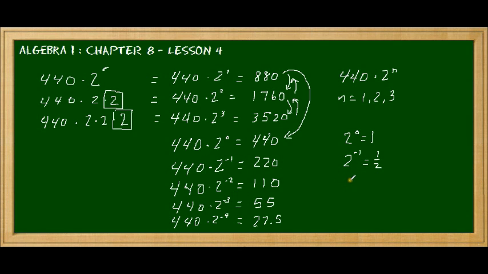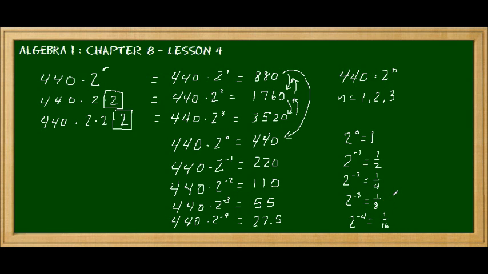And if we continue down, 2 to the negative 2 power would have to be 1/4, and 2 to the negative 3 power would have to be 1/8. And why am I saying that? Because these are the numbers that you would have to multiply 440 by to get the result that you're getting. So 2 to the negative 1 power is 1/2, 2 to the negative 2 power is 1/4, 2 to the negative 3 is 1/8, and 2 to the negative 4th is 1/16.